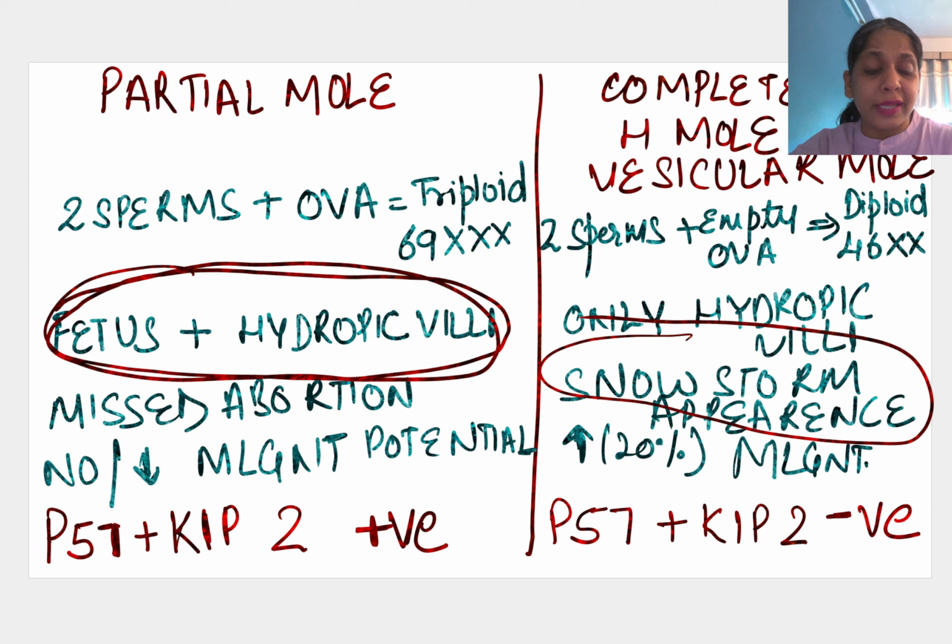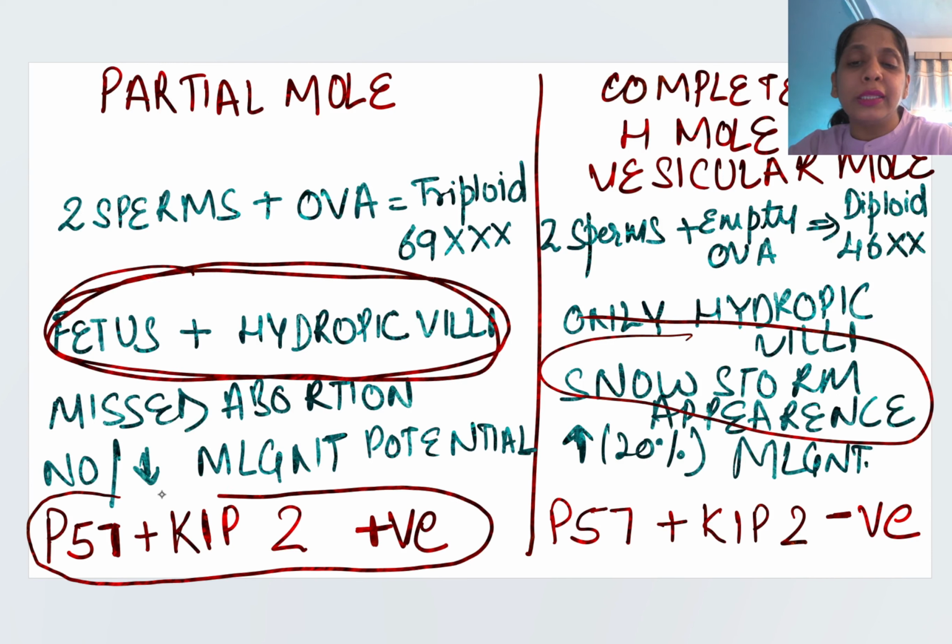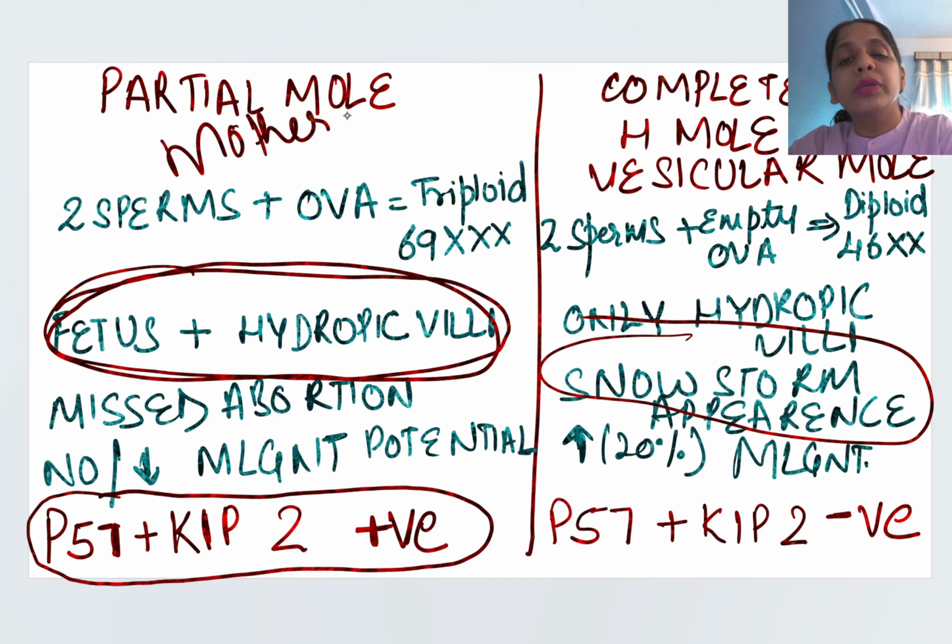One last thing which is left for partial and complete mole, though it has not been asked in the FMG exam, but it can be asked: P57 and KIP2 staining. They stain positive in partial mole, whereas in complete mole it is negative. These stain positive only when the maternal nucleus is there.